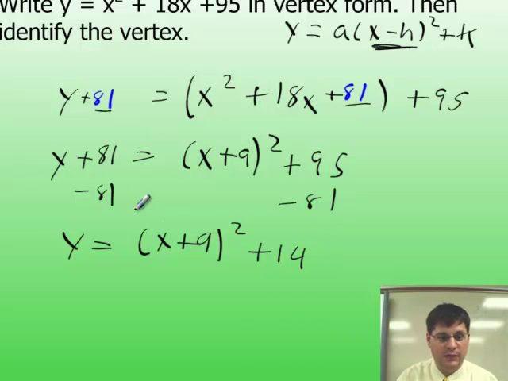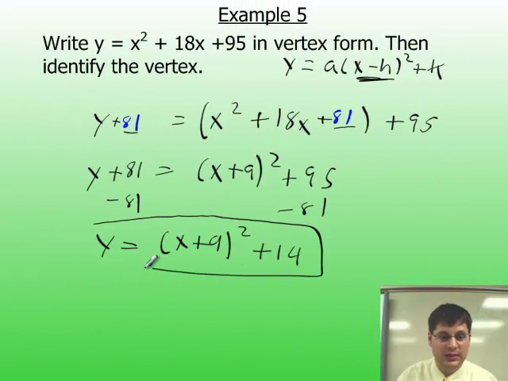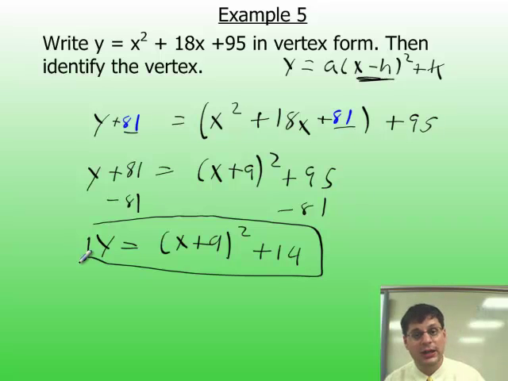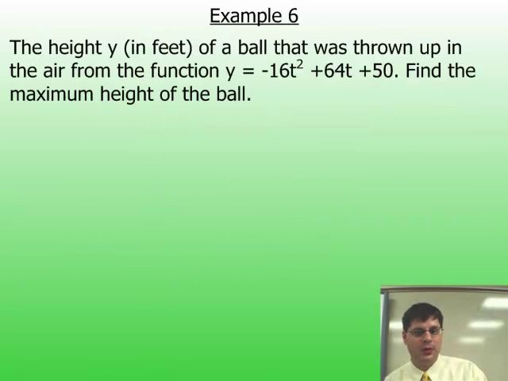And that's going to be my k value. So now it's in vertex form from standard form. So now we can convert between any of the forms back and forth. We have all those tools available to us.